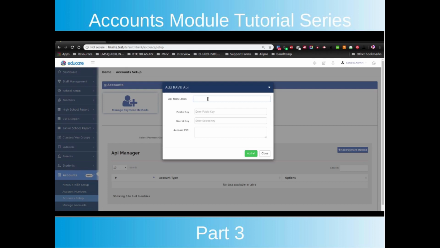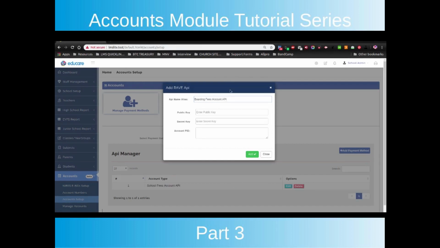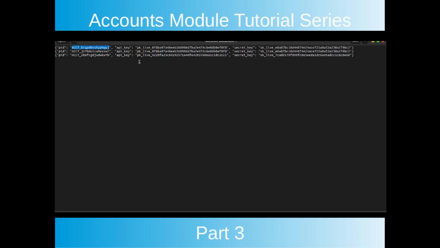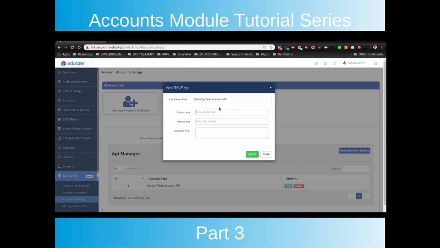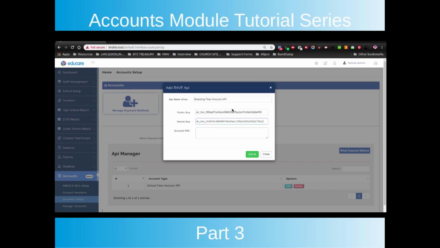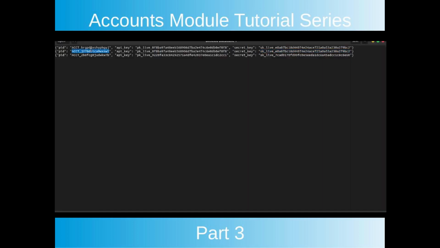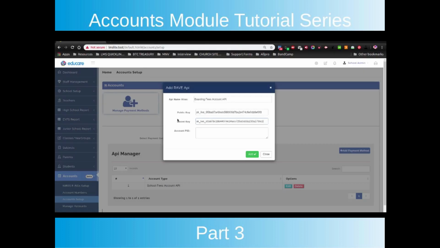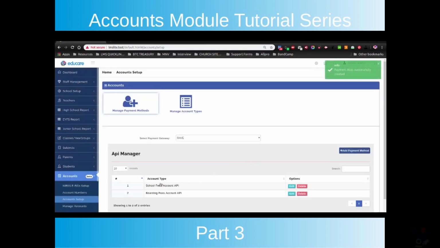For instance, this might be for school fees, so you call it school fees account API, and then you enter the public key. Let's say it is for the second one, so the PK live of the second one goes in there. The SK live of the second one comes in, and the PID of the same second account comes in, and you add. So you can do this for maybe 3 or 4 accounts that you use in school for collections.